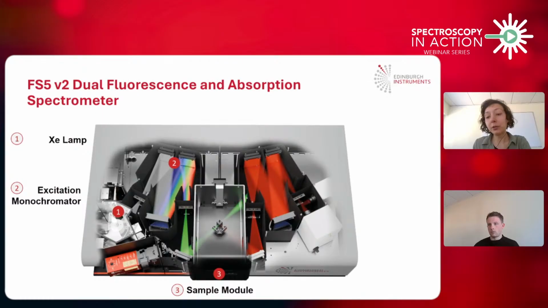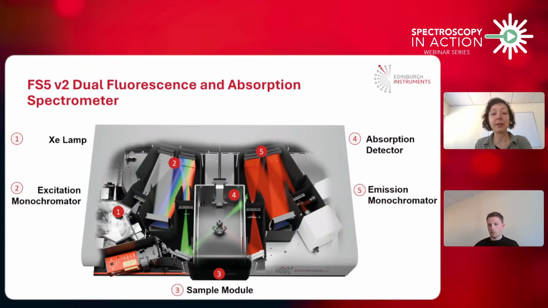After the sample, you have two detection paths. There is a transmission detector at 180 degrees from the sample to measure absorption. And then there is a fluorescence light path at 90 degrees. The fluorescence wavelength is selected on the emission monochromator, and then it reaches the detector.